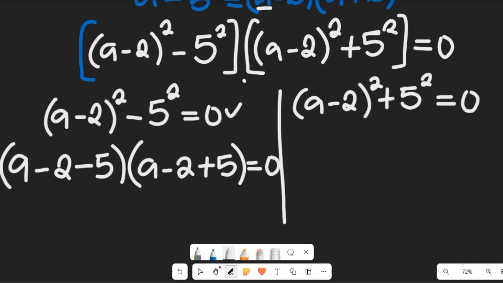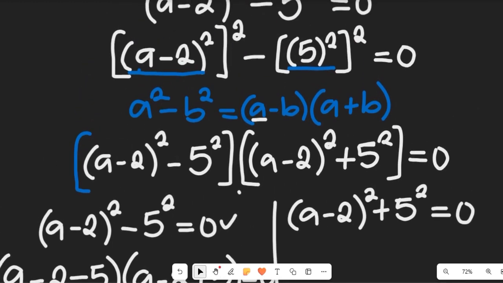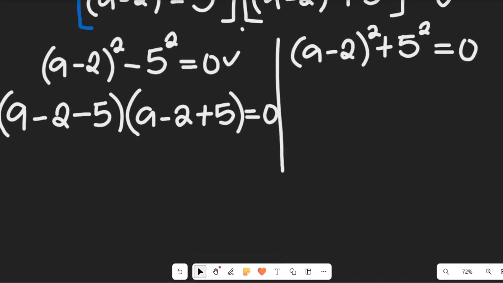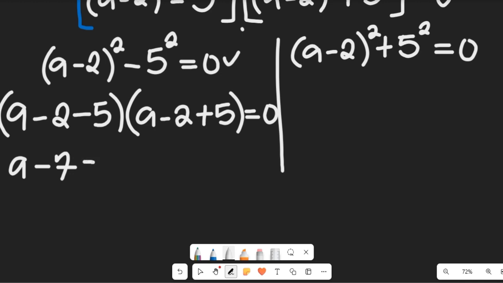Using the initial algebraic expression we showed you earlier on, if we simplify this, we'll have A minus 7, because minus 2 minus 5 will give us minus 7, and then we'll have A plus 3, and this will be equal to 0.